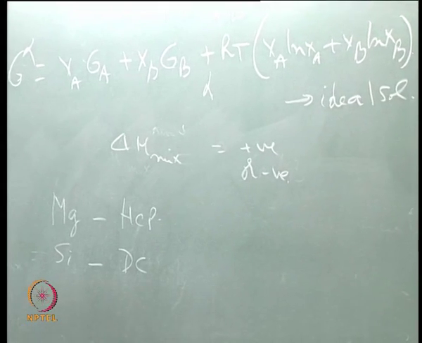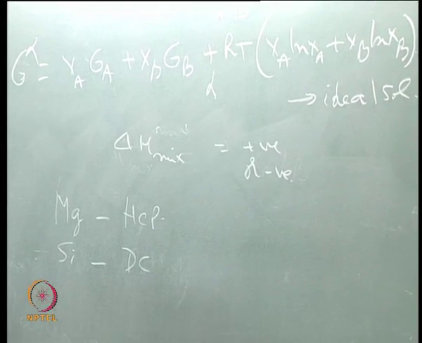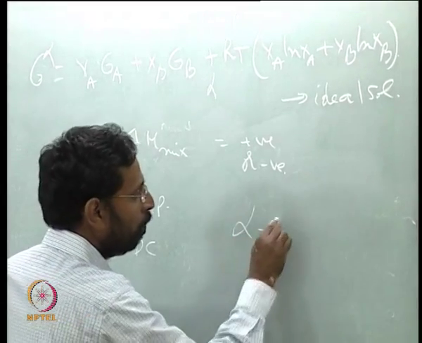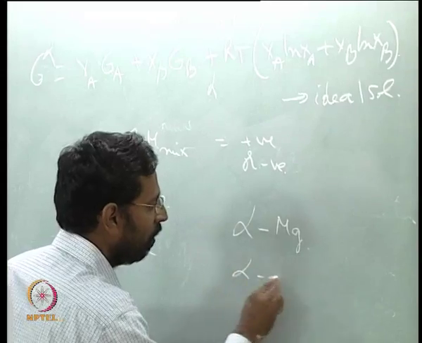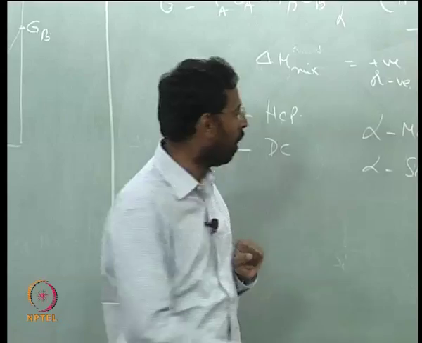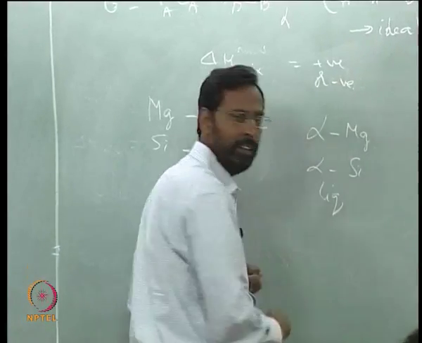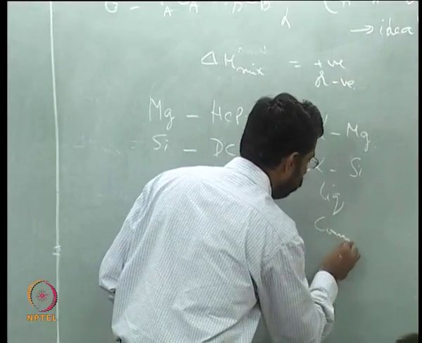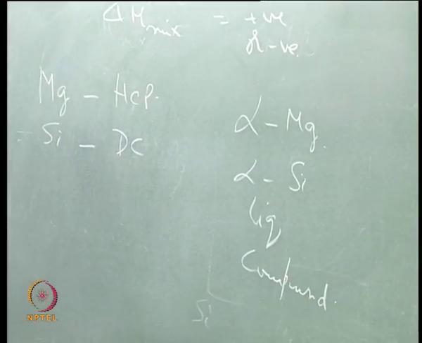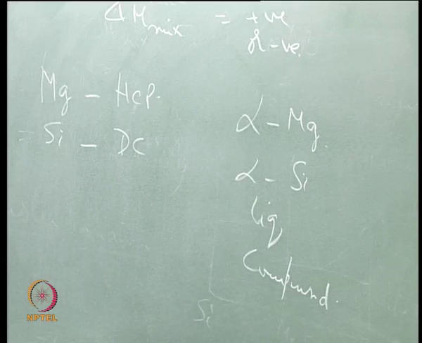Second, a silicon based solid solution where magnesium dissolves into silicon. I can call them alpha magnesium or alpha silicon, whatever it is, two solid solutions, and there is a possibility of a liquid, and a possibility of a compound. So, 4 phases are possible in that system at various temperatures.